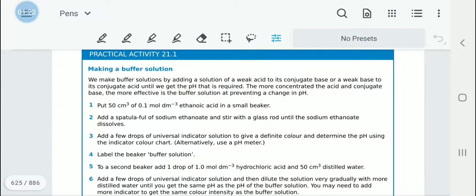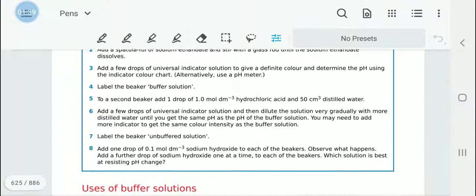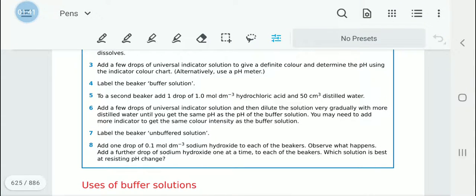Then we add a few drops of universal indicator to give it a definite color, and using a color chart we measure its pH, or else we can use a pH meter.